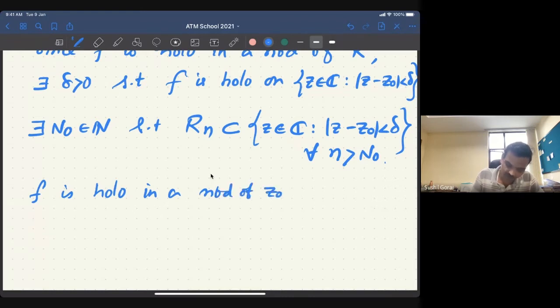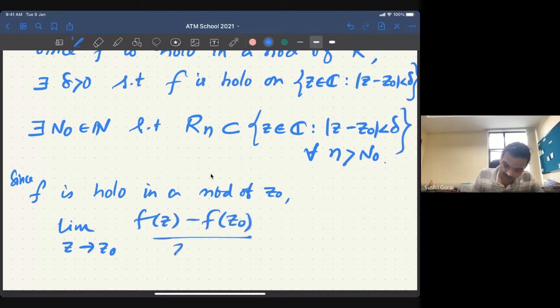So in particular, this limit as z tends to z naught of fz minus fz naught by z minus z naught exists, and this is f prime z naught.